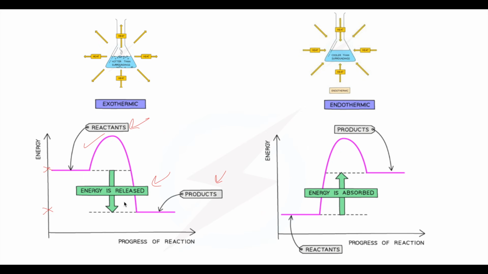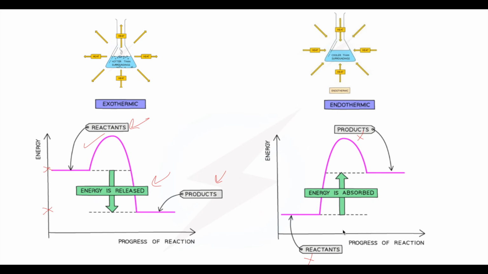Again, I'm repeating. If the amount of energy of reactants is higher than the amount of energy of products, there is energy to release. That means this is exothermic. Now, come with me to the endothermic reaction, to the second graph. Again, reactants here and the products.